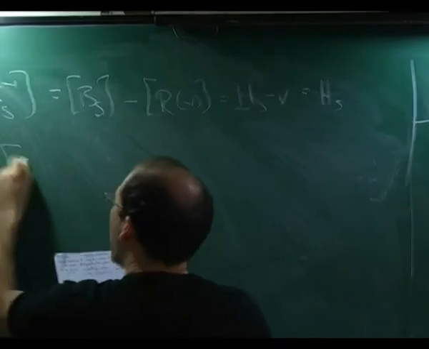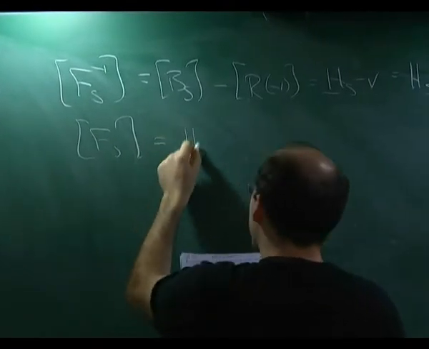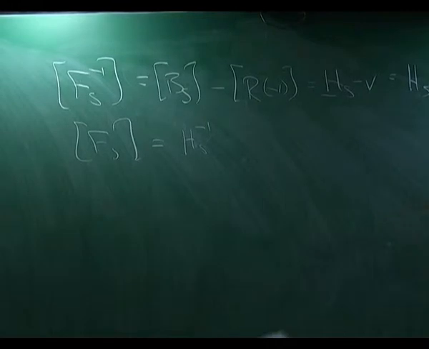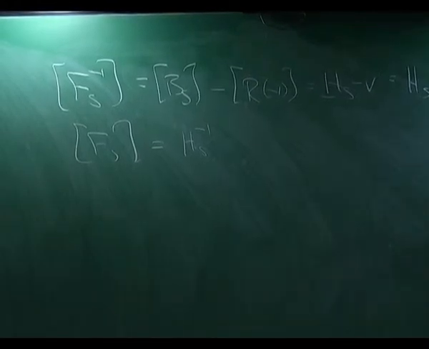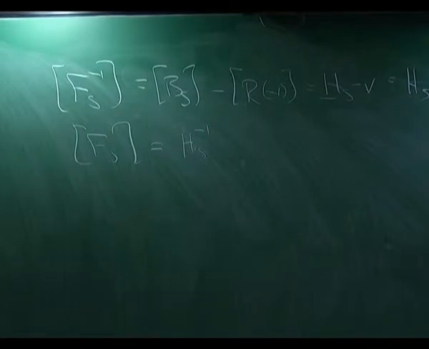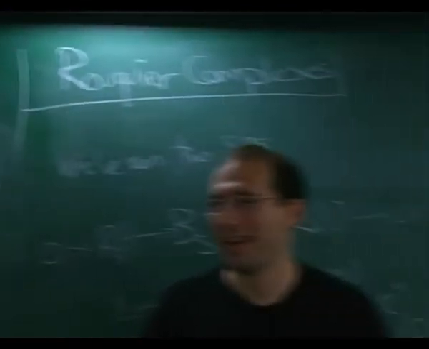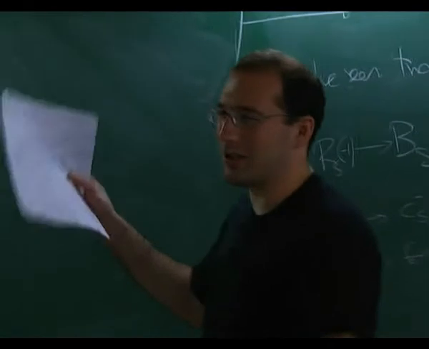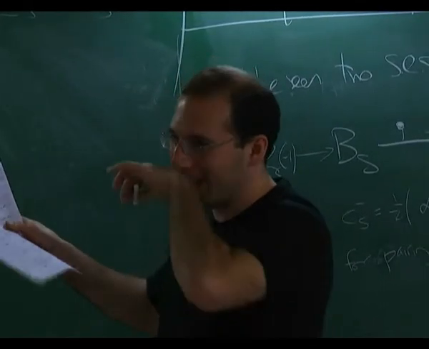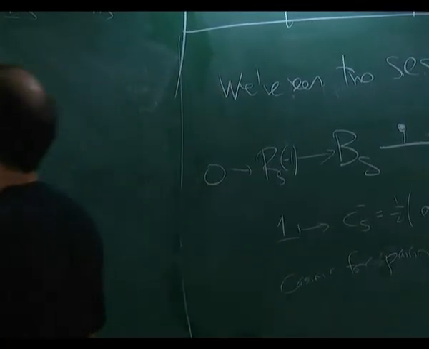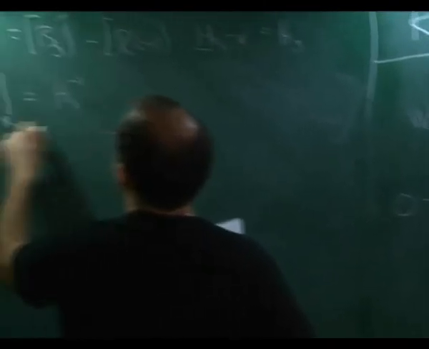Whereas the class of Fs is actually HS inverse. So I'm choosing Fs to be the one that I care about rather than Fs inverse, just to make things a little nicer. Really, I should have switched the inverses to really make it match up with the Grothendieck group. But I prefer him. I like him better.